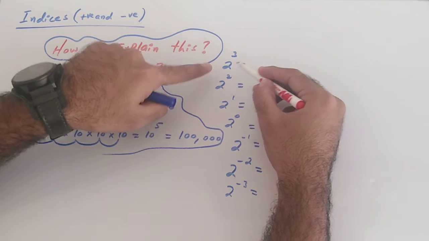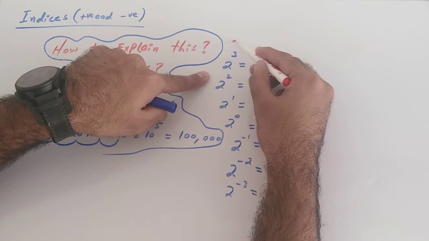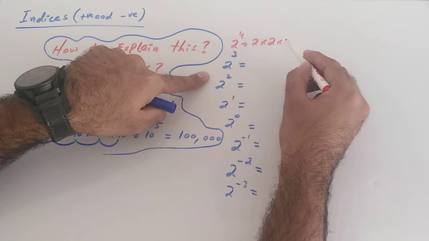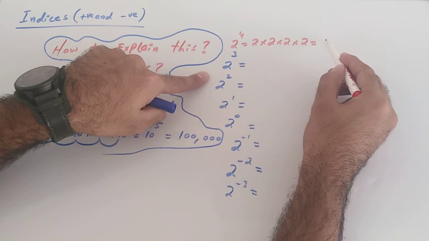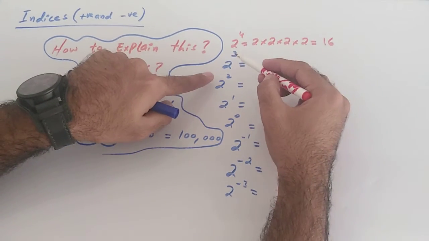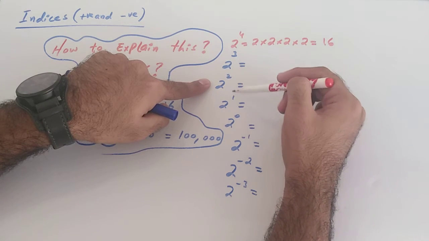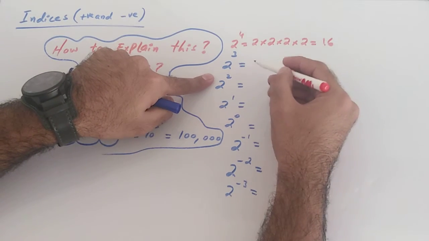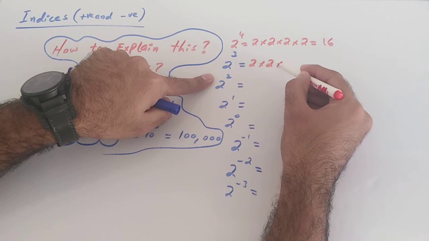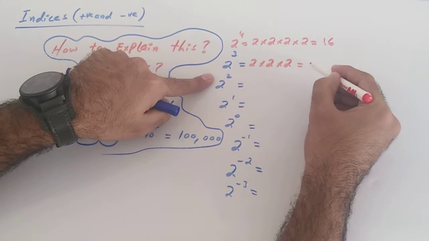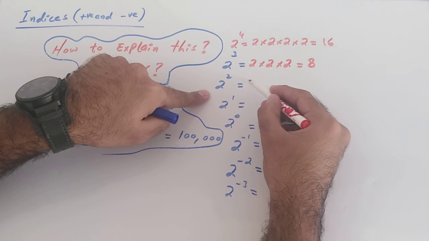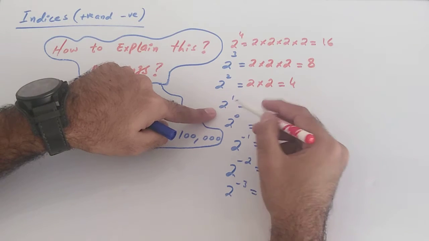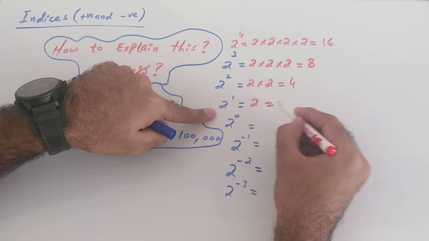I'll write the top one again: 2 to the power 4 means we multiply 2 four times, so that's 16. These are all the powers written in order. 2 to the power 3 means 2 times 2 times 2, and if you multiply it, you get 8. Same for 2 squared, which is 4. 2 to the power 1 means 2 is there 1 time, so it's just the number 2.